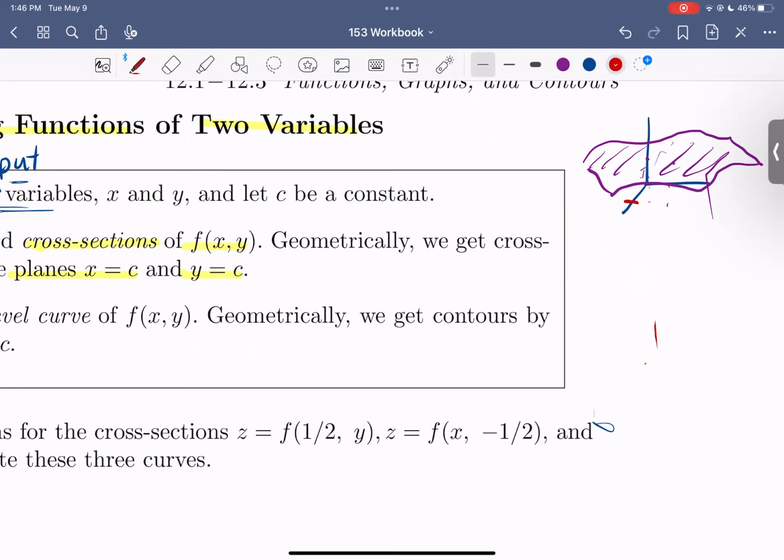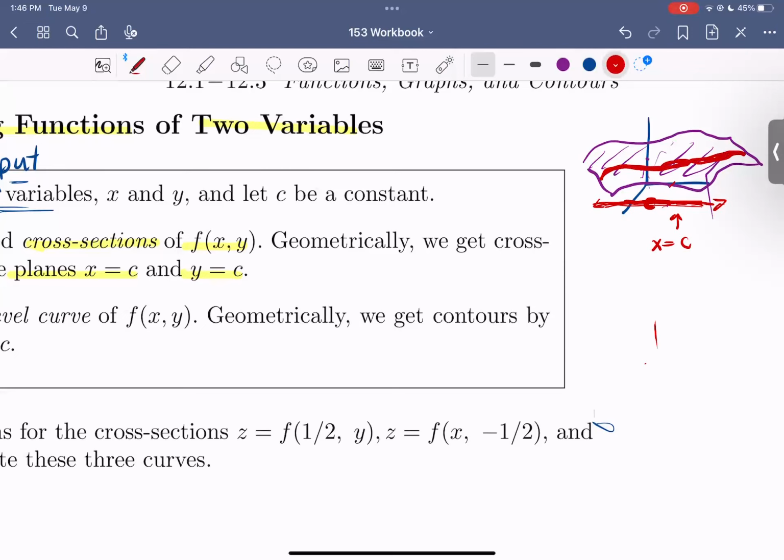If we fix some x, we'll call it c, then we're only going to look at those input values where x is c. So we're only looking at those values above this line, x equals c. Notice y could be over here, up here, anywhere along this line.